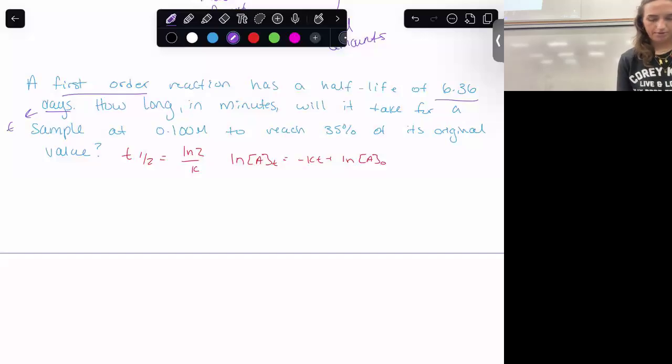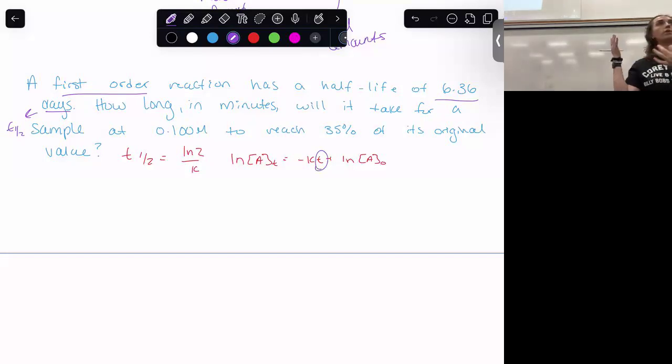This is T1/2. If we know T1/2, we can solve for K, because the rest of the question asks how long in minutes it will take for a sample at 0.1 molar to reach 35% of its original value. So we need to know this t value.